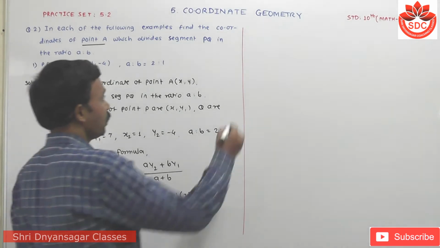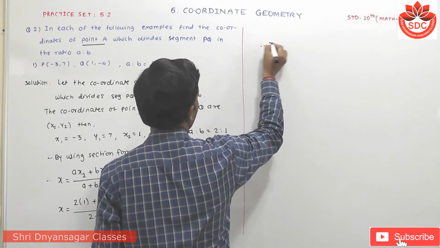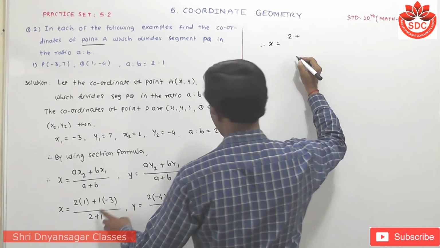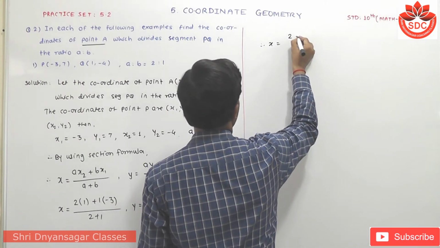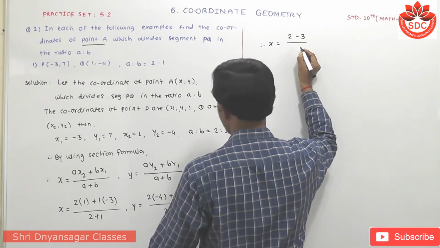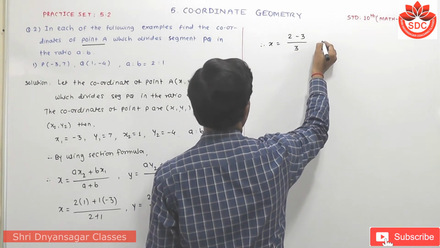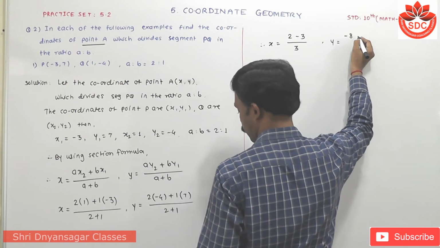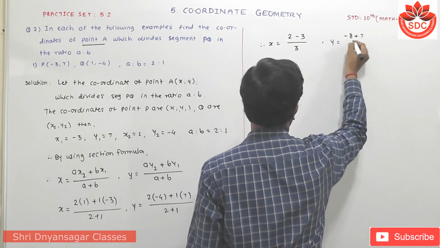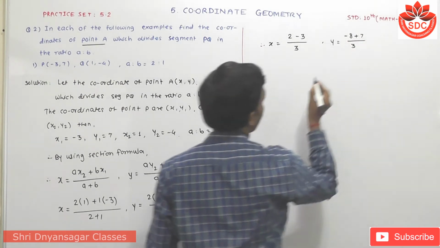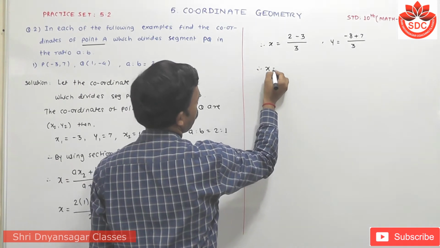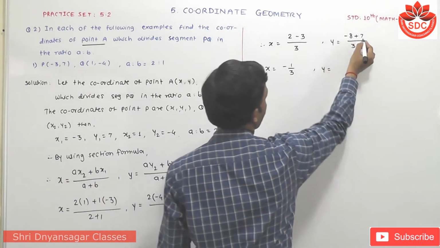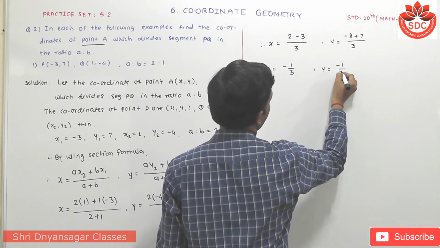2 1s are 2 plus minus 3 upon 2 plus 1 becomes 3, and y is equal to -8, 7 1s are 7 upon 3. Then x is equal to -1 upon 3 and y is also -1 upon 3.